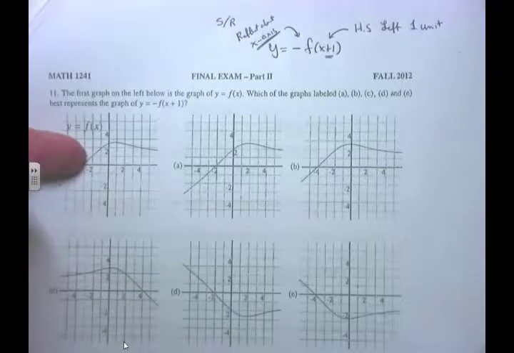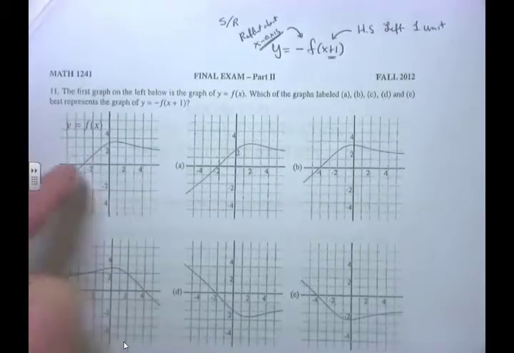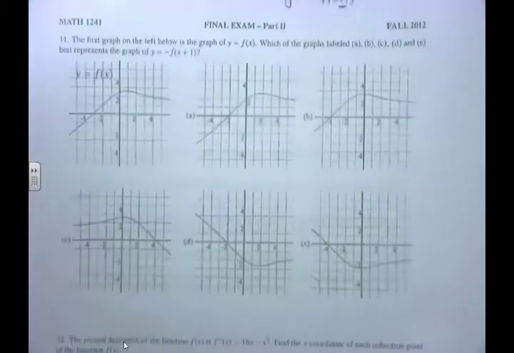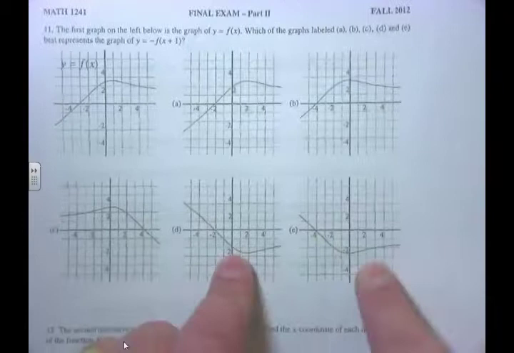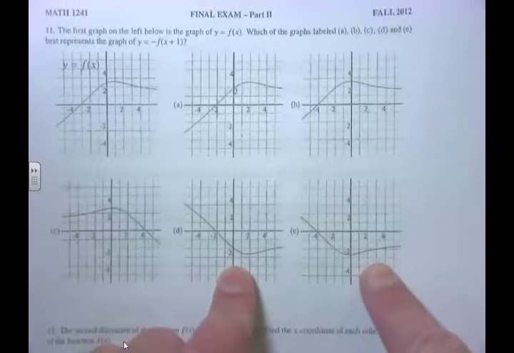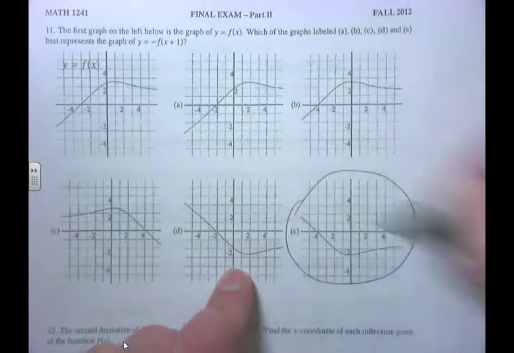When I flip him across the x-axis, he'll be down here going through like this. So which one of these graphs is it? Left 1 flipped upside down. Which one's flipped upside down? Only 2 of them have this thing flipped upside down. So I got a 50-50 shot now. Is it answer D or is it answer E? Which one was shifted left before it was flipped? You got it. The answer is E.